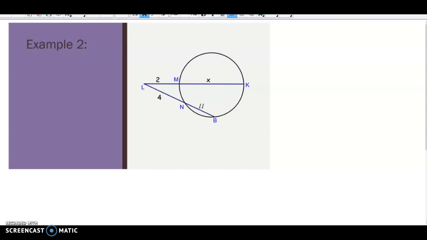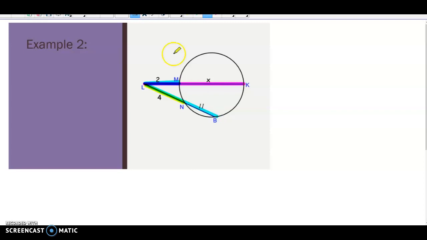Let's look at another example. Again, here I'm going to go ahead and highlight because I can see that I have a secant. So I have the outside, and then to get the whole, I have to add the outside plus the inside. Here, the outside is 4, and then to get the whole, I have to add 4 plus 11.